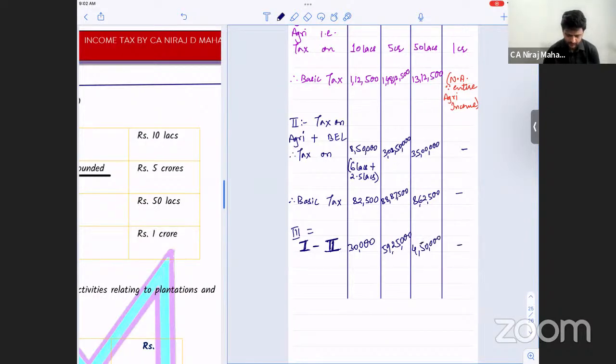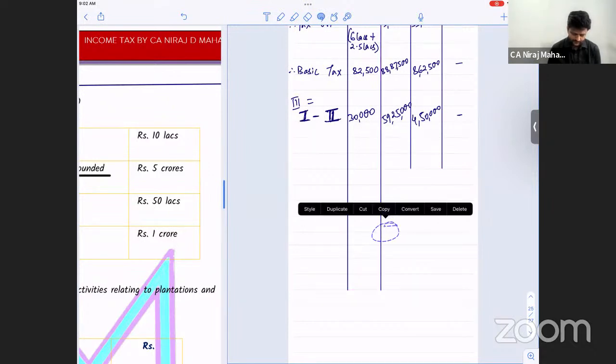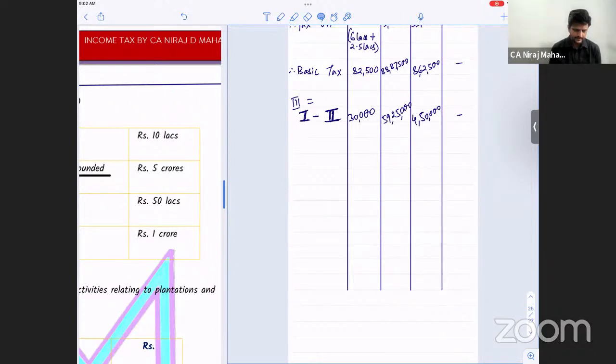If I read any wrong number, please tell me. Let me know. Fantastic. This is my tax amount. No, bacho. Because after this, either you will give rebate or surcharge or nothing. Nothing means what? You'll directly add cess.